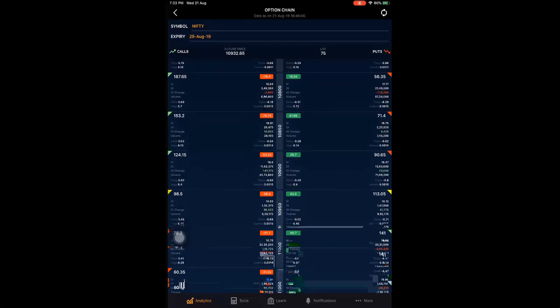So you get the complete information: what is the premium of this option, how much change is seen today, what is the IV, what is the OI, how much the change in OI was, and what is the volume.